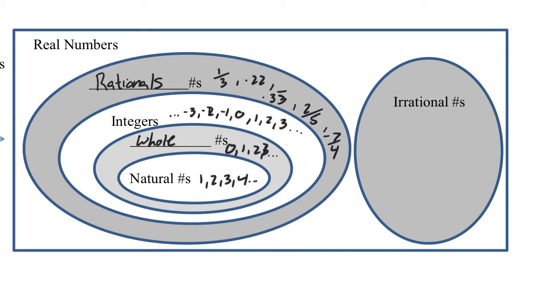All of those guys are now allowed in the rationals. But remember, every integer can be expressed as a fraction. 4 over 1, right? So that is a rational number. It can be expressed as a fraction, but it's still an integer. And if we look at the wholes, it'd still be a whole number, and it'd still be a natural number as well. Okay.